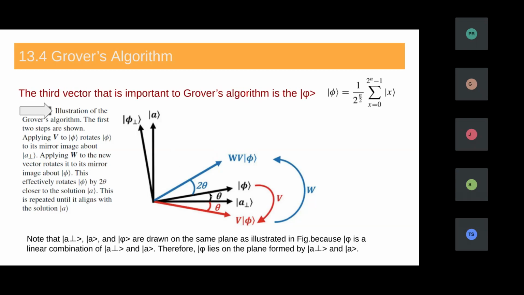If you call them A and A perpendicular, they are perpendicular to each other. Therefore, they are mutually exclusive. So their inner product is equal to 0.